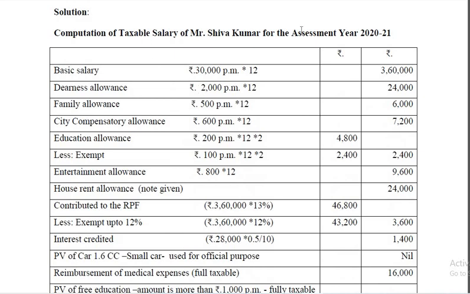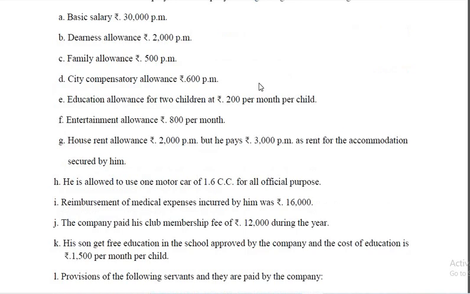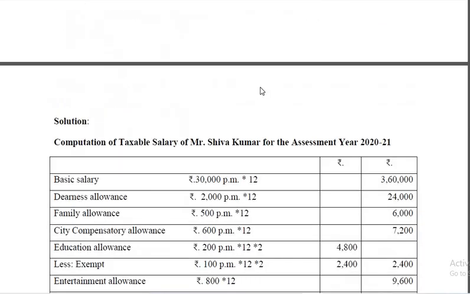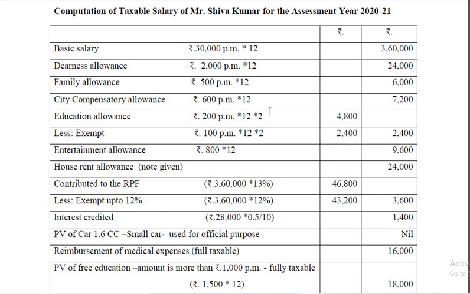So you see the computation of salary of Mr. Shivakumar. 3,000 into 30,000 into 12, that comes to 3,60,000. Dearness allowance, 2,000 into 12.